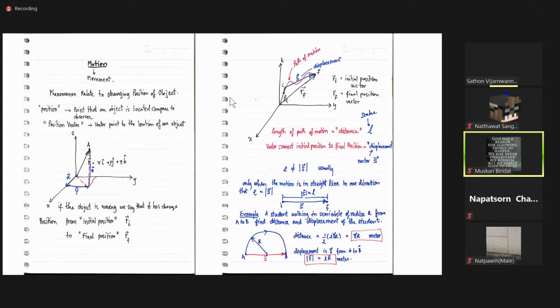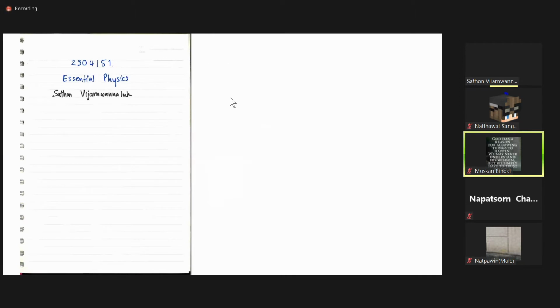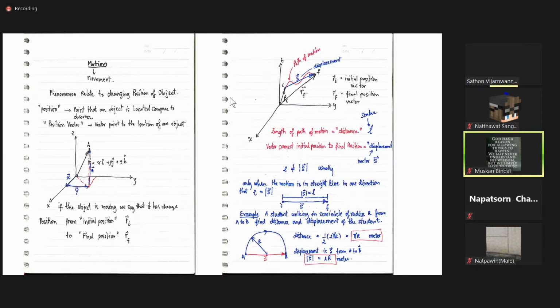So last time we started with the concept of motion by giving a definition of distance and displacement. Distance is the length of the path of motion, and displacement is the vector starting from initial position to final position. So in meaning, they are different.